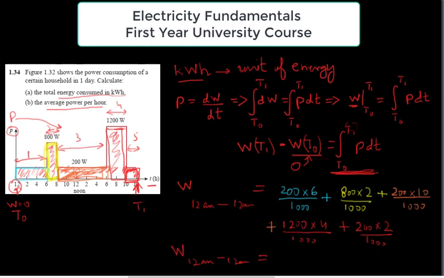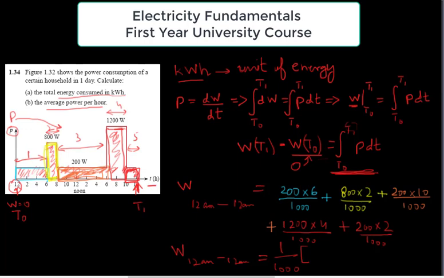You can easily simplify that by taking 1000 as a common denominator, and the remaining would be 200 times 6, 12.